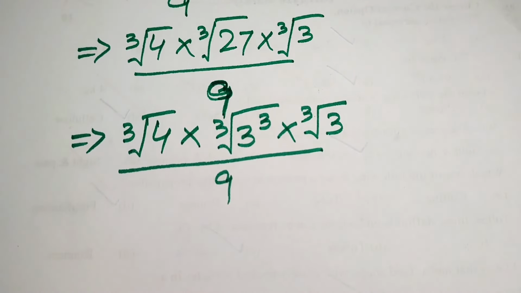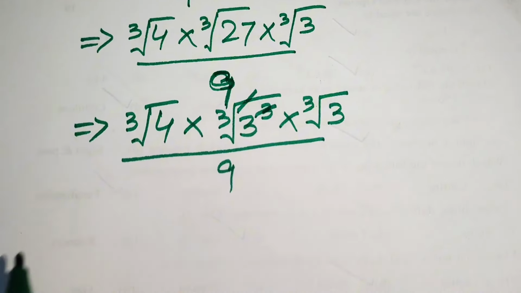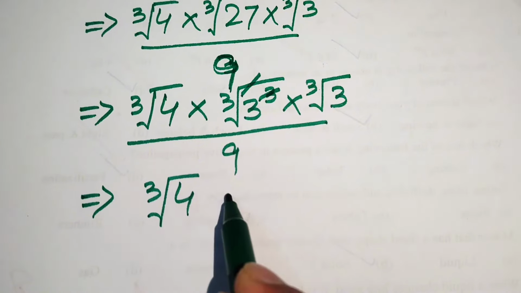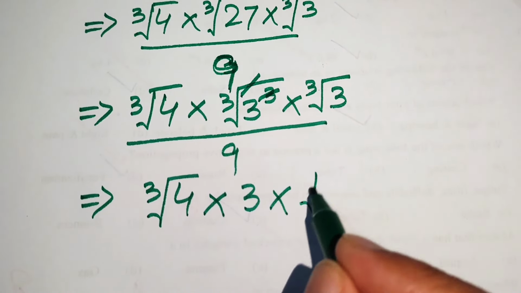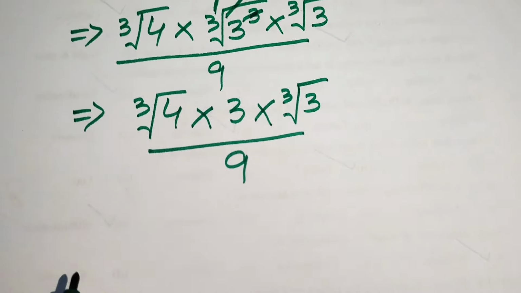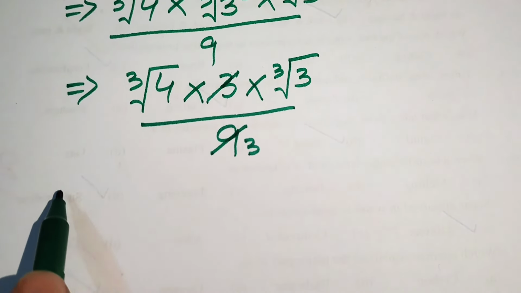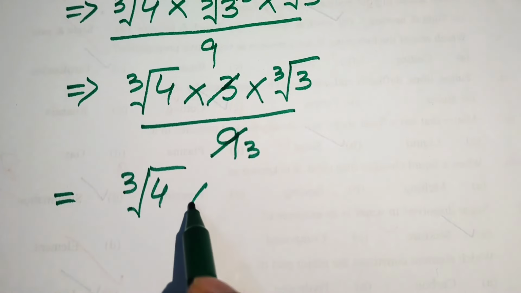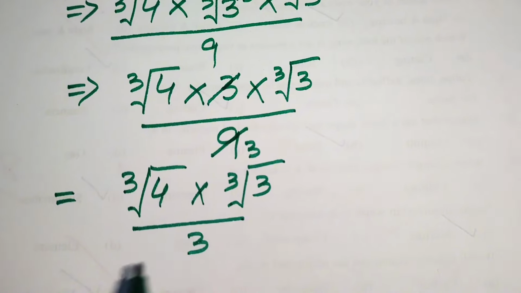Now you see that the 3 cubed and the cube root cancel each other, and we get the cube root of 4 multiplied by 3 and the remaining cube root of 3, divided by 9. Cancelling the 3 with the 9, the remaining terms are the cube root of 4 multiplied by the cube root of 3, divided by 3.